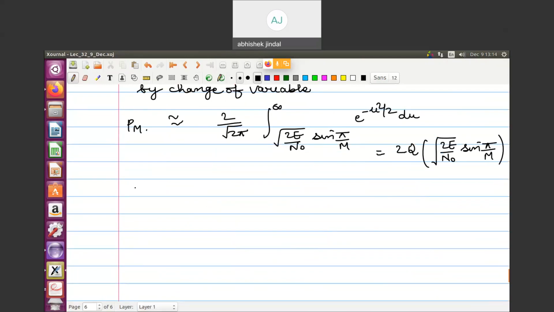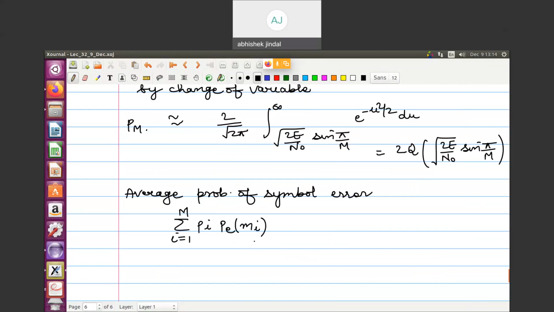Now one thing: what is the average probability of symbol error? This is simply the summation over i of the probability of error if you transmit m_i, times P of i.